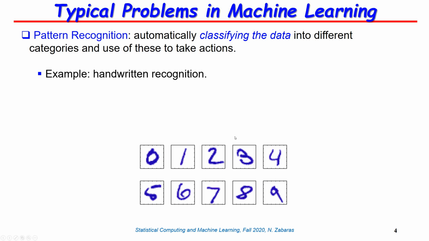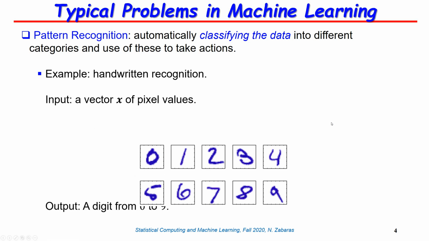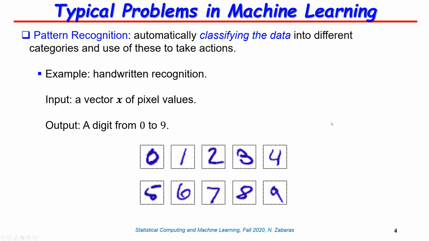what digit that point represents. So what we discuss is basically the training data set that involves both these x images, these images are vectors that I call x, but also I give you the labels t for each image.